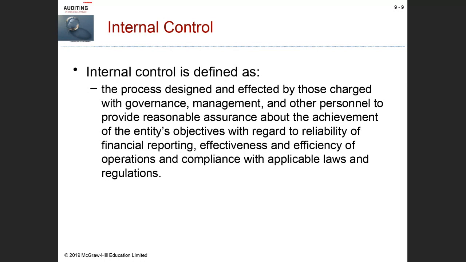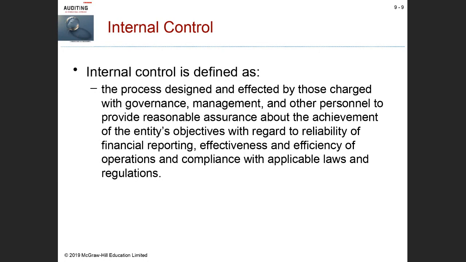So again, let's summarize. A good internal control system is put in place by management, who's overseen by the board, but also consists of the other people in the organization who actually carry out the controls. So that is the system.